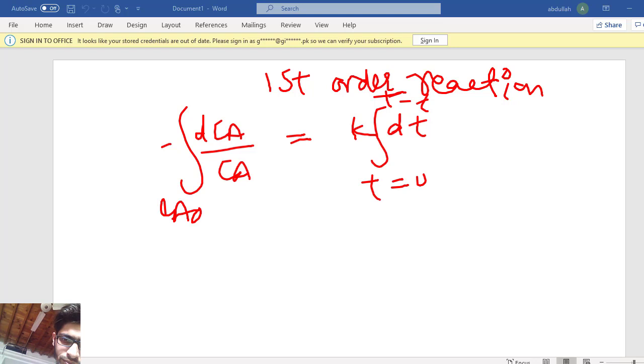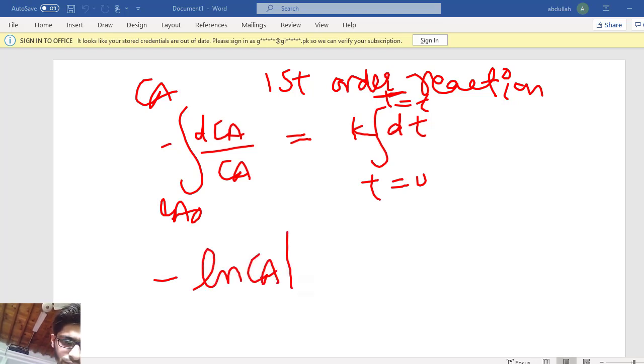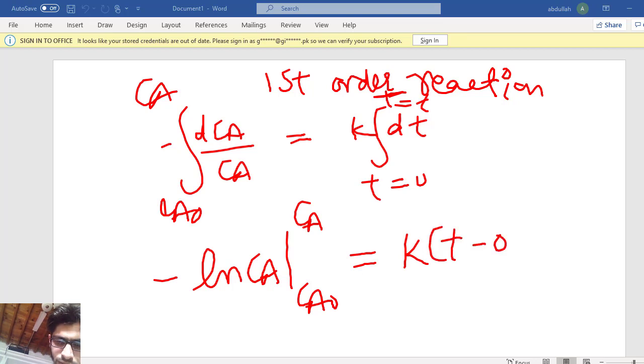After integration we get minus ln CA, applying the limits CA naught to CA, equal to t minus 0, the initial time and the time t. This is the initial concentration, and this is the final concentration.